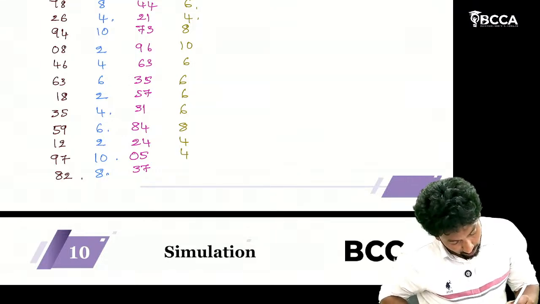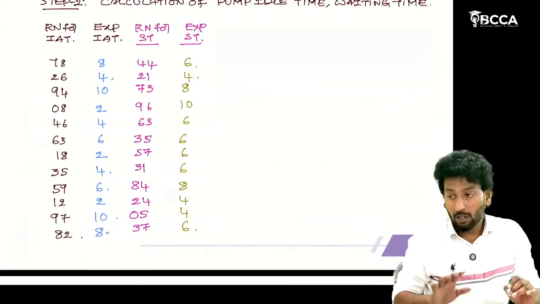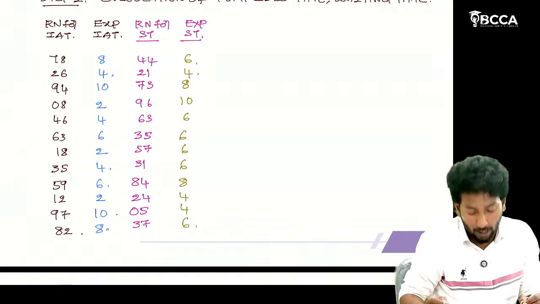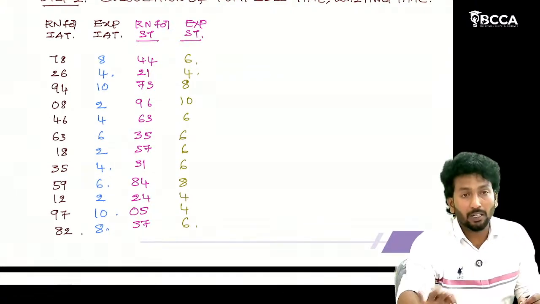Last one, 6. Now, based on the random numbers, we have estimated inter arrival time as well as service time.